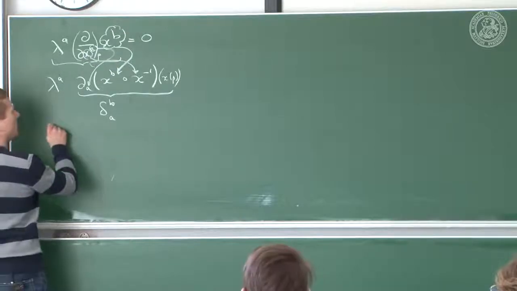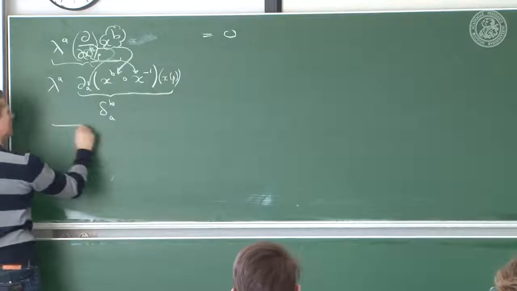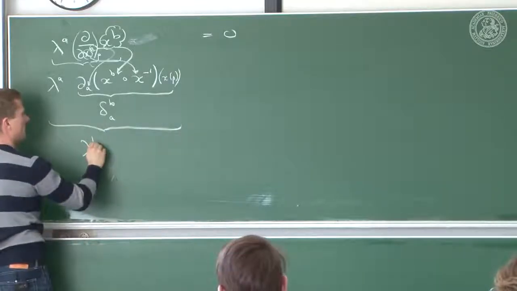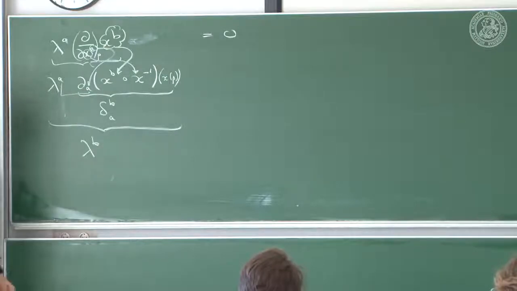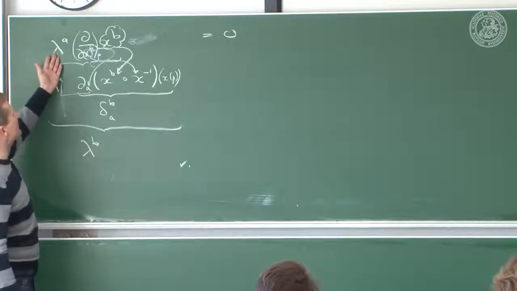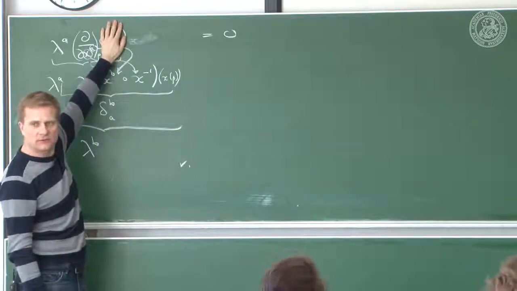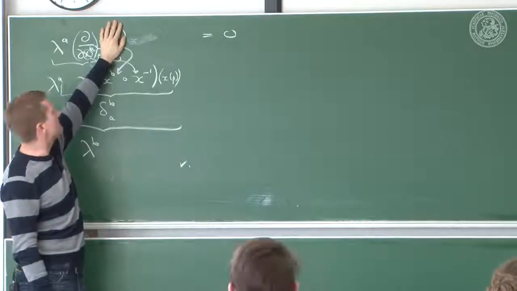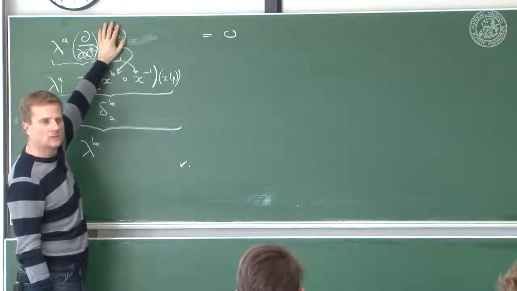But that means that the whole left-hand side, so this is the equation and this is the whole left-hand side, is lambda^b, because you have, of course, the summation convention here, right? It's lambda^b. Well, there you go. You're done. You start on the assumption that this is 0 as an operator. So in particular, it must be 0 if it acts on particular functions. We picked clever ones.